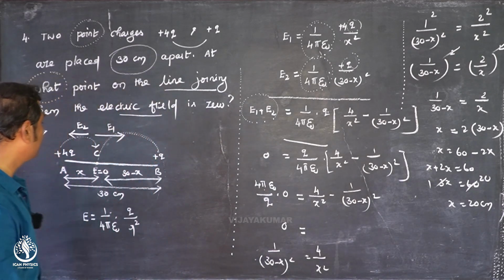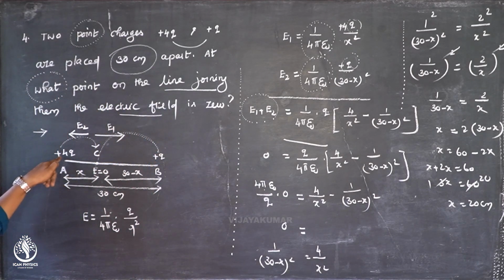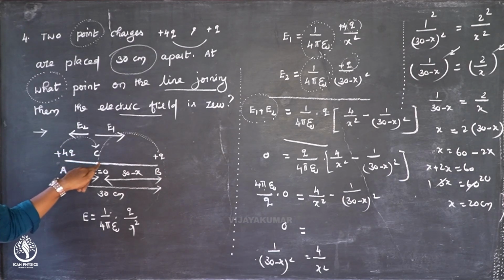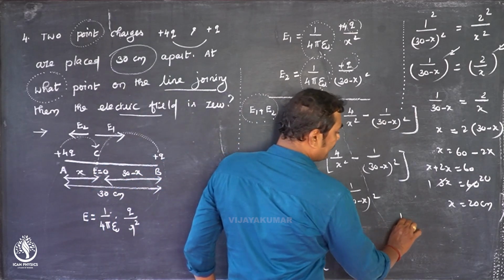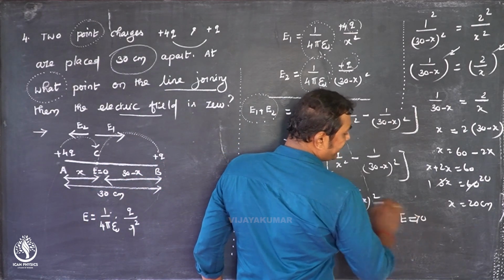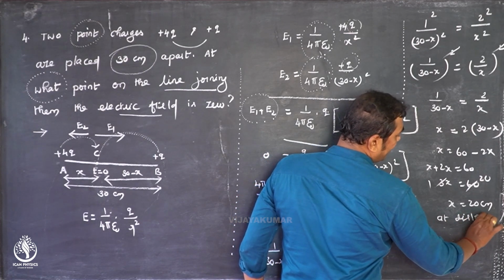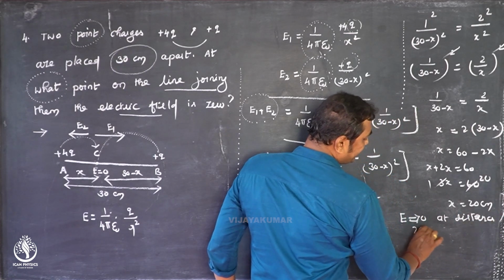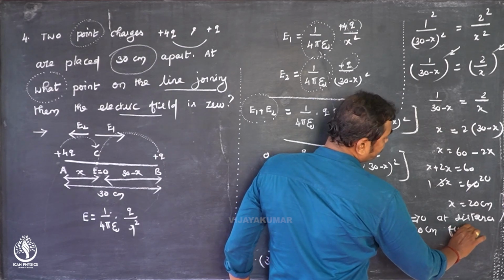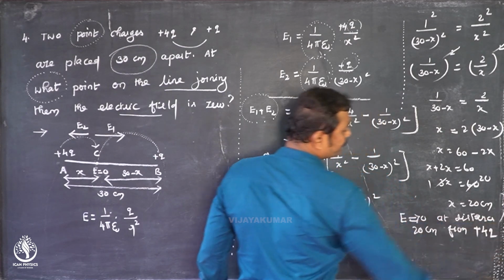Now we can go to the result. X is the distance from plus 4q to the point C. At the point C, the electric field is 0. So the result is: the electric field becomes 0 at a distance of 20 centimeter from plus 4q.